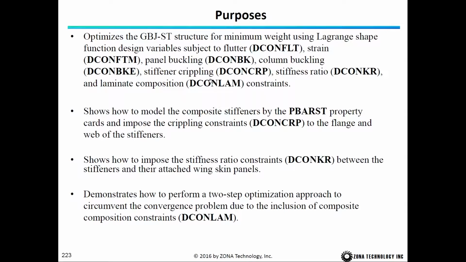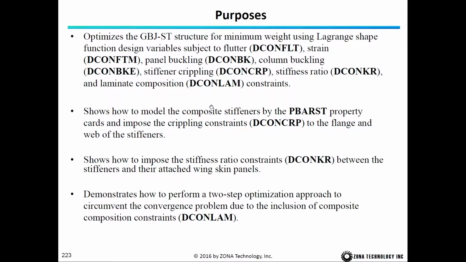The purpose of the sample case is to optimize the GBJ-ST structure for minimum weight design using Lagrange shape function design variables, subject to flutter constraint using DCONS LAMP, strength constraint using DCONS FTM, panel buckling constraint using DCONS BK, column buckling constraint using DCONS BKE, and stiffener crippling constraint using DCONS CRIP, and stiffness ratio constraint using DCONS BK, and laminate composition constraint using DCONS LAMP.